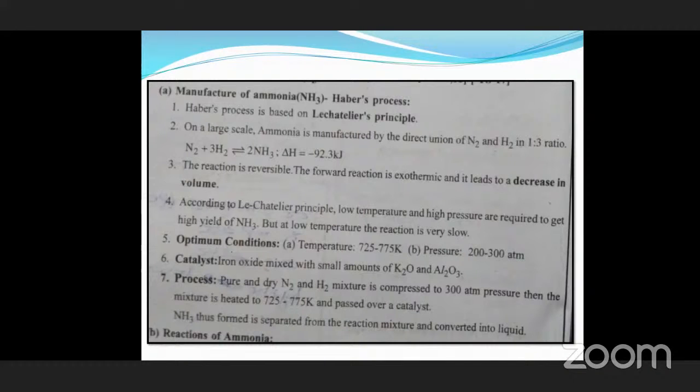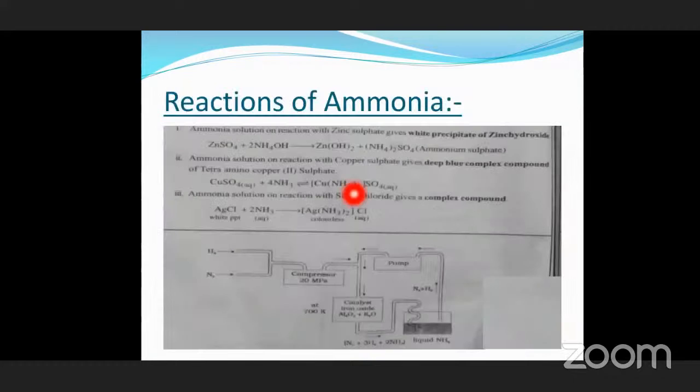That means here we have to insert the hydrogen into this tube. Nitrogen is also inserted into this tube, where the hydrogen as well as nitrogen are coming towards the compressor. Through this compressor, those gases come towards the chamber of the catalyst. In this chamber, iron is available.